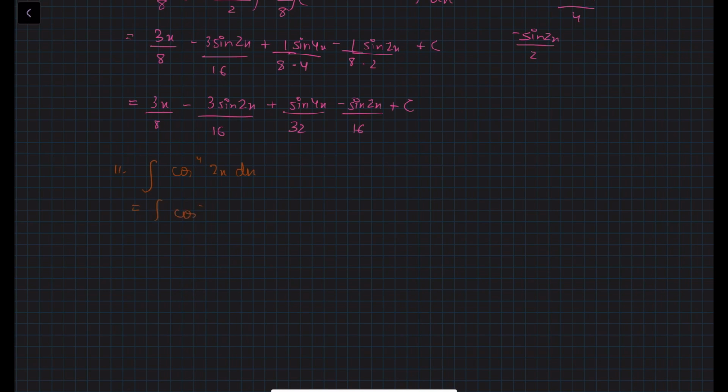That's just going to be cosine squared 2x times cosine squared 2x. And now I'm going to write one of them as 1 minus sine squared 2x, since cos squared x plus sine squared x is equal to 1, and it can be any argument.